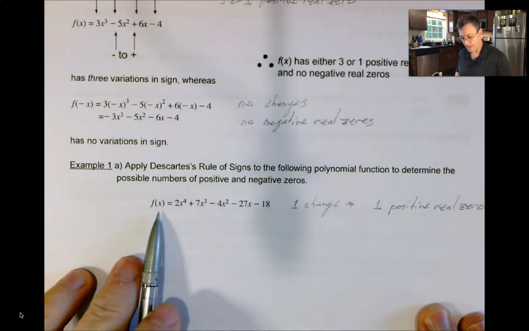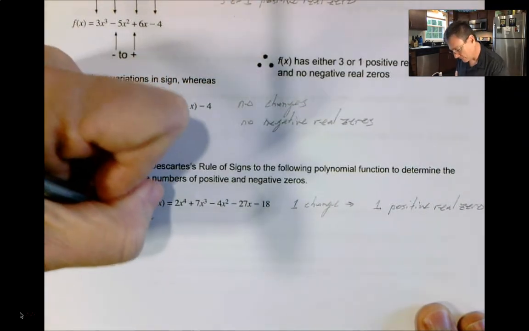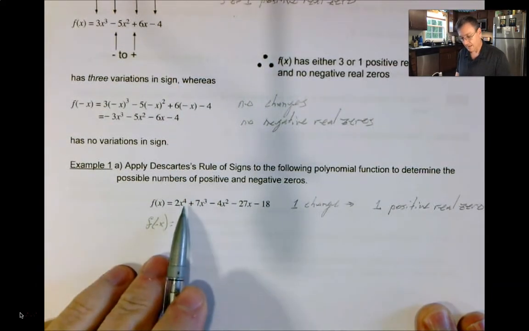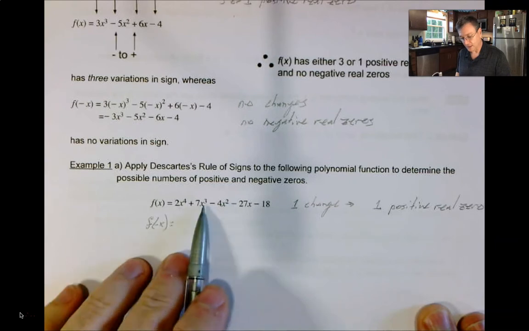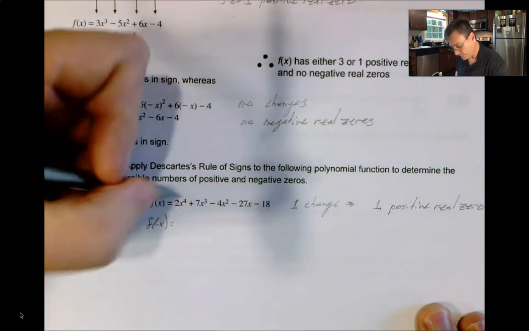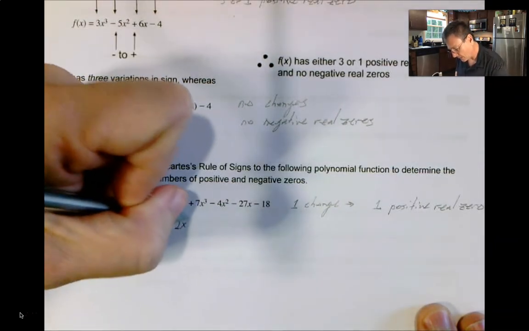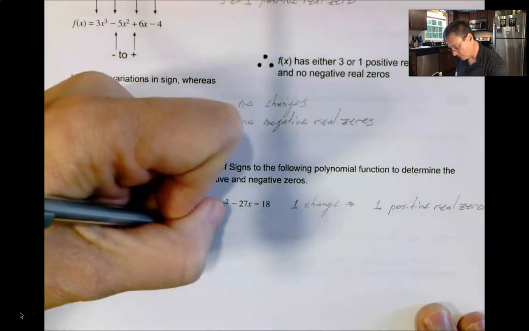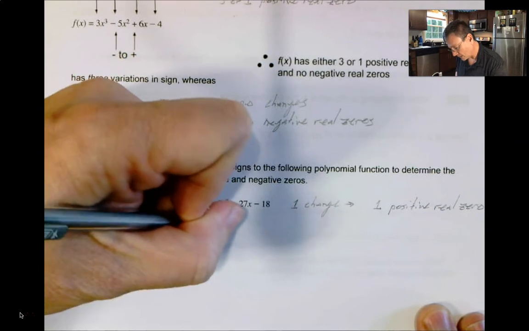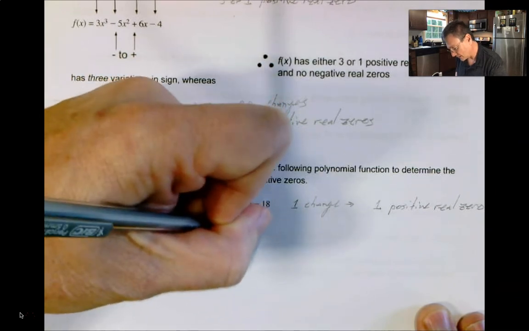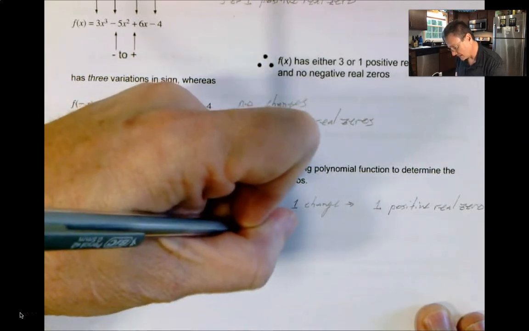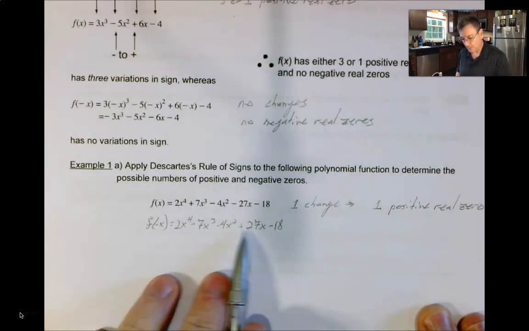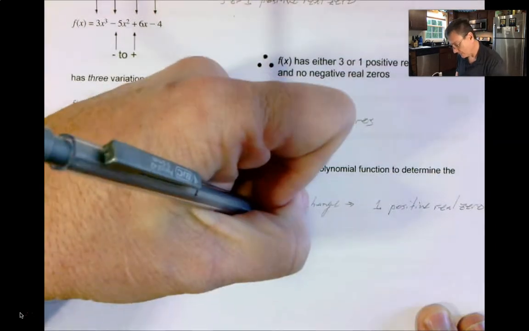And here we've got f of negative x. Again, the even powers are not going to change, the odd powers are going to change. So we're going to have 2x to the 4th minus 7x cubed minus 4x squared plus 27x minus 18. 1, 2, 3 changes.